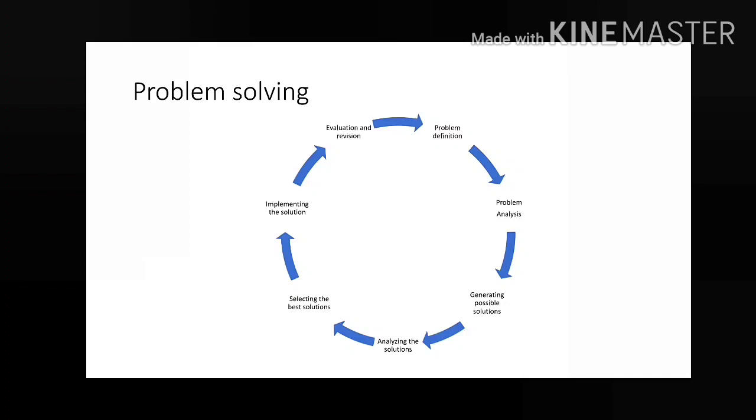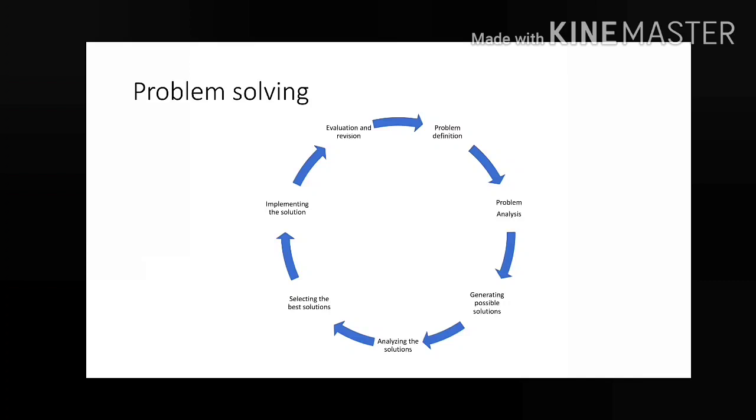Secondly, he is also having health issues, and third, he also wants to crack an exam for which he or she is studying. So he has defined the problem: he has a financial problem, he has health issues, and the third problem is that he wants to crack the exam. This is the problem definition. He has just defined the problem.